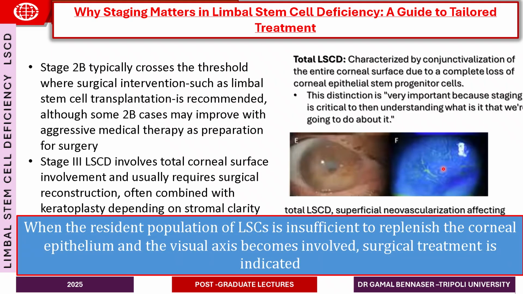So in these cases, medical treatment alone is not enough, and it is mandatory to plan for surgical intervention, either limbal stem cell transplant alone or a combination of limbal stem cell transplant along with keratoplasty and so on. We will discuss later the different types, based on the unilaterality of the disease.